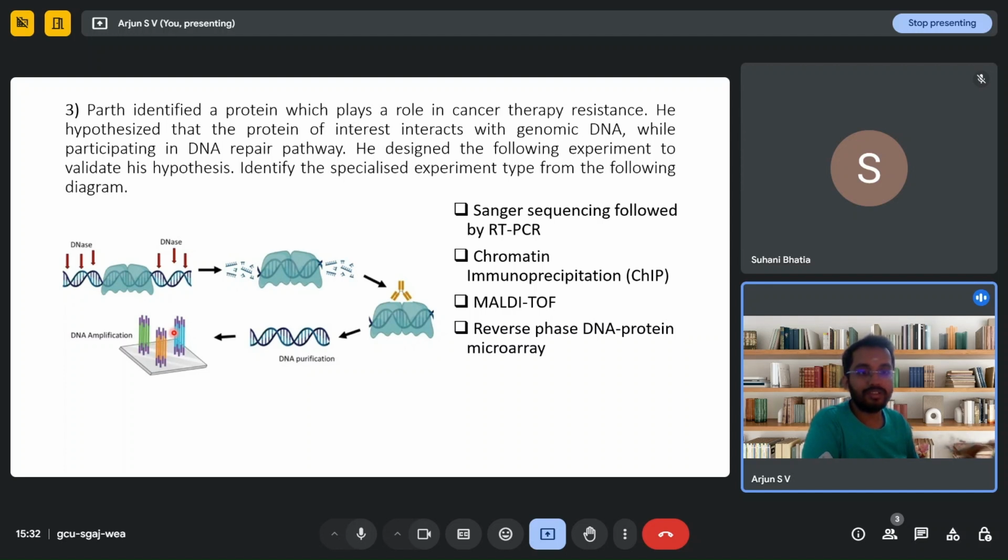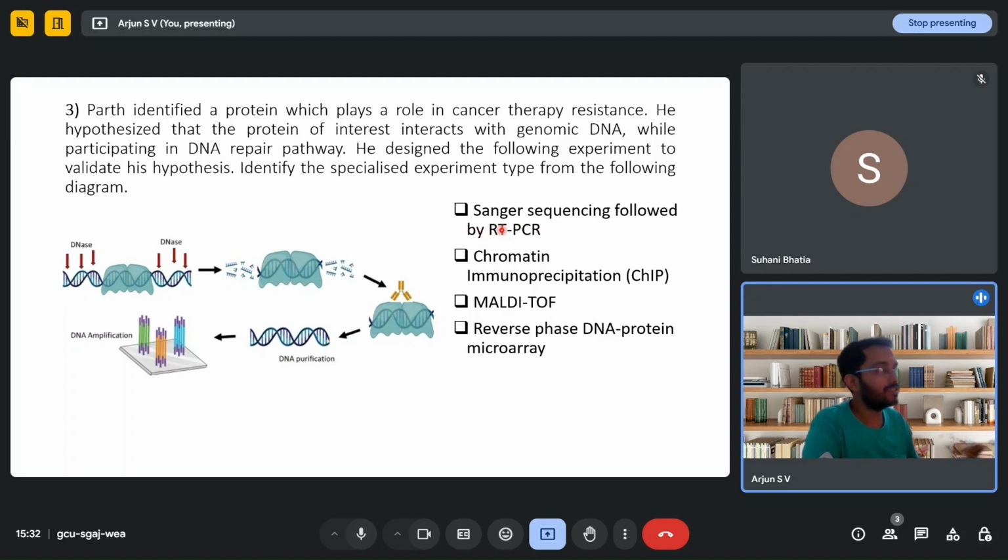So we saw this concept elsewhere in the recap as well as in the course. So what is it? Basically, what other technique will be used for DNA-protein interaction? By that as well, you can remove options.